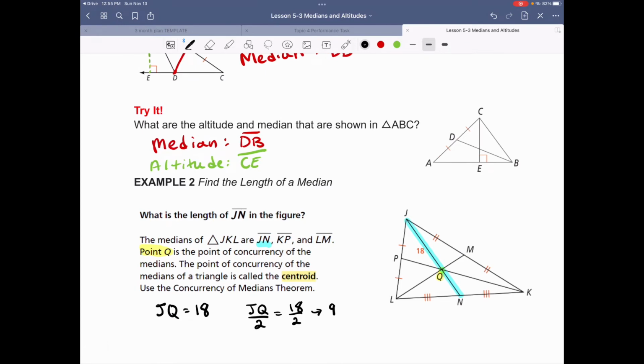So if we have 18 plus 9, we get 27. So the whole length is 27. And if you divide 27 by 3, you get 9. So 9 plus 9 plus 9 is equal to the whole length. So this piece from J to Q is 18, and then from Q to N is 9. And you can see how that is 1/3, and this piece is 2/3.